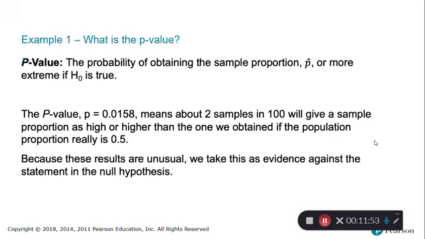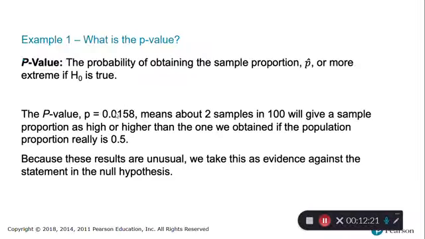So if the population proportion really is 50%, is it weird that I did my own study and got something slightly higher than that? That's what we're ultimately saying here. When we get this p-value, it's like, what's the probability that that would happen for me if the population proportion really is 50%? Okay. And so that's what we're testing here.